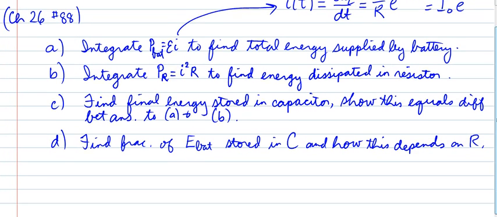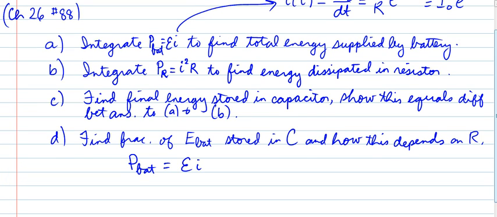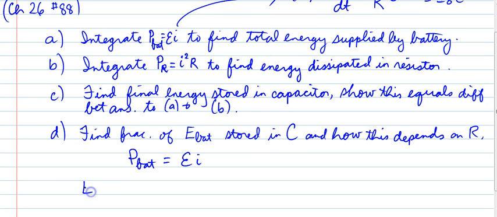So we want to integrate the battery power. The power in the battery is equal to voltage times current. We are given that the current is a function of time, and the energy is power times time.